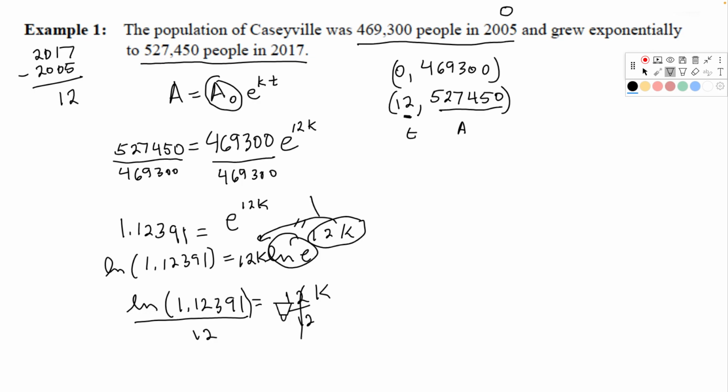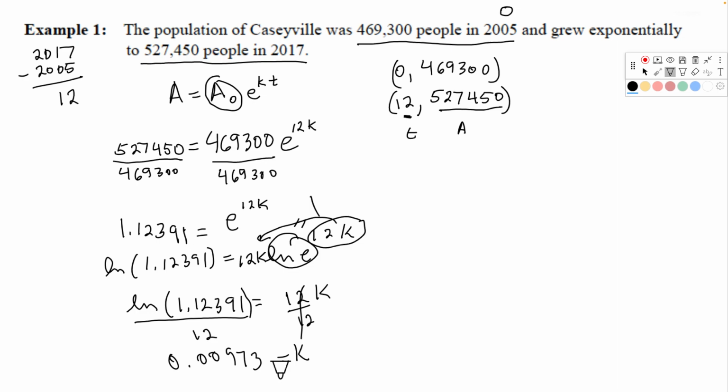I get 0.1168, and then if I divide that by 12, I get that k equals 0.00973, going down 5 decimal places. Anyone get the same thing? Good. I always feel better because I've got this. I know I make mistakes a lot, so it's okay.